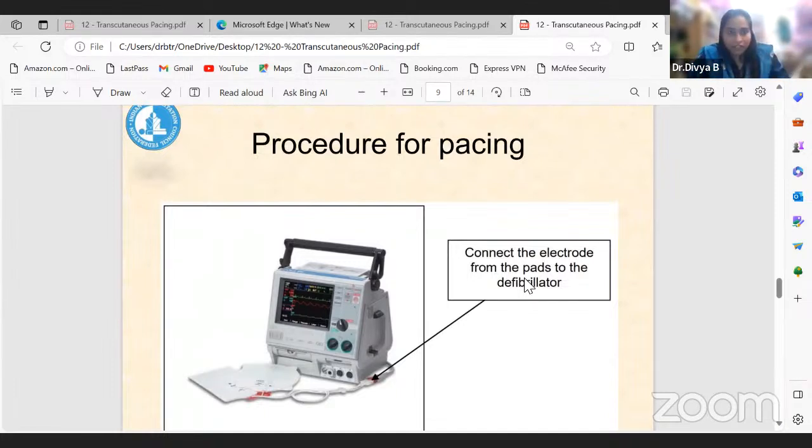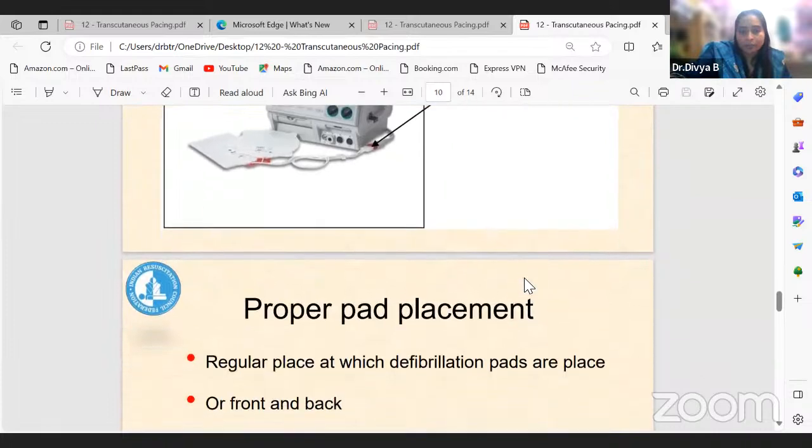On any machine with the pacing option, you have paddles attached to your defibrillator. You have to remove that connection, and there's one more attachment that comes with the electrodes. That is what you're supposed to connect. If you have to defibrillate a patient, you need to remove the pacing option and then connect the defibrillator option, right? So you have to connect the electrodes.